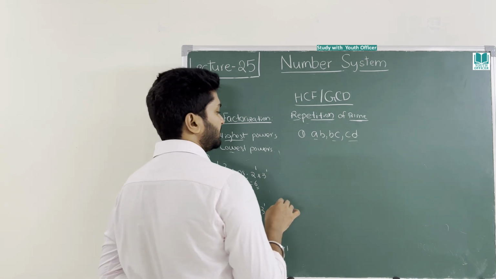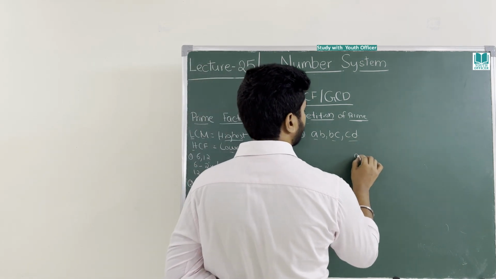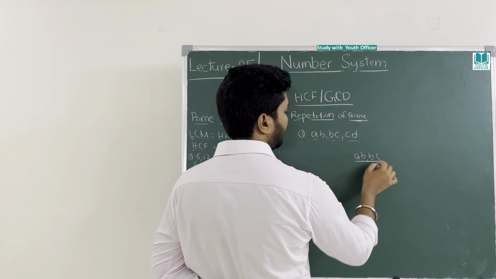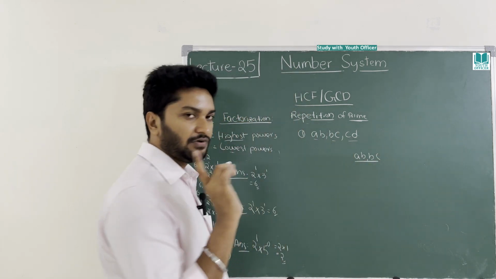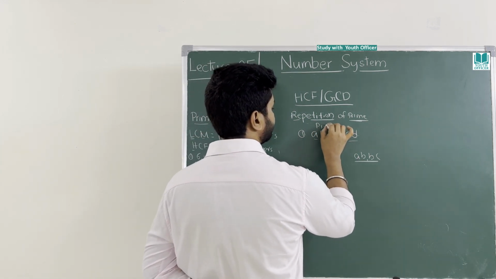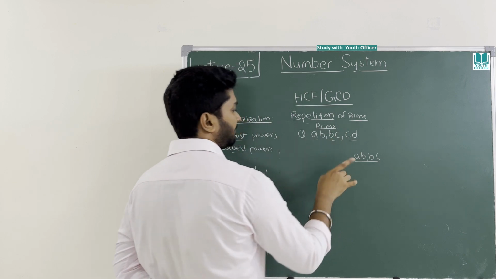Before finding for 3 numbers, I'll try to find for 2 numbers, AB comma BC. If you have to find the HCF, please mind you, dear, these A, B, C should always be prime numbers.